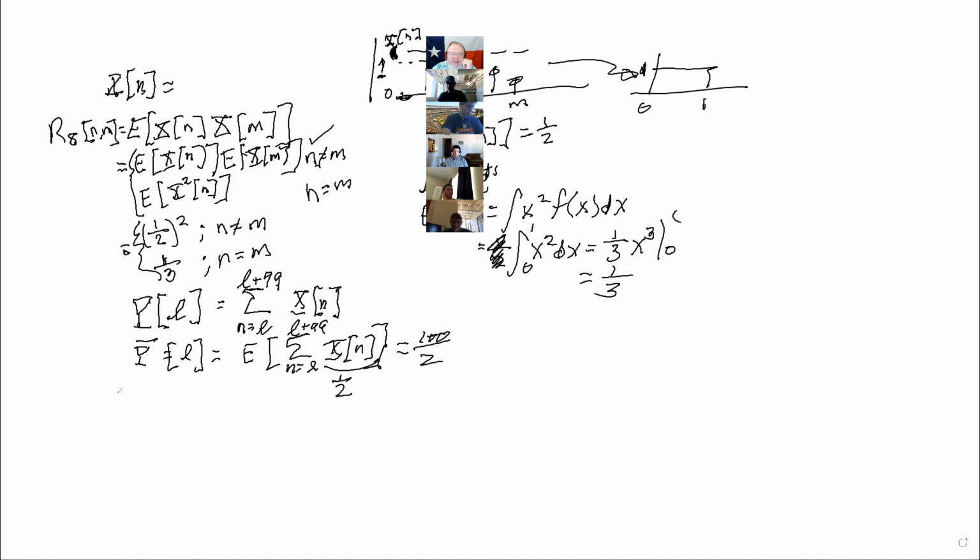And then what is the autocorrelation of y? Let's use P and Q here.